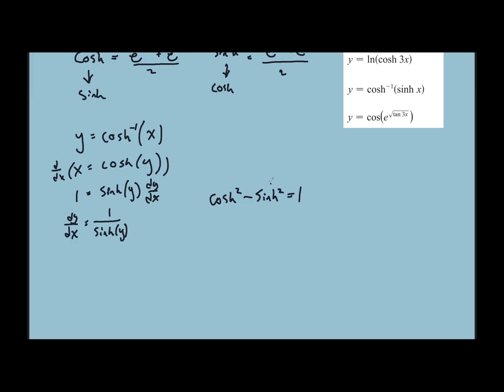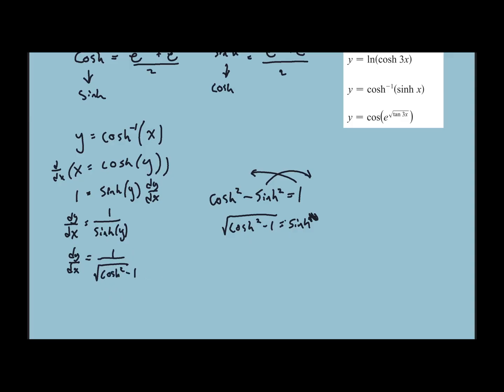So if I want to rearrange these, I would get hyperbolic cosine squared minus 1 equals hyperbolic sine squared. So we can square root like that. And we can say dy dx is equal to 1 over the square root of hyperbolic cosine squared y minus 1.